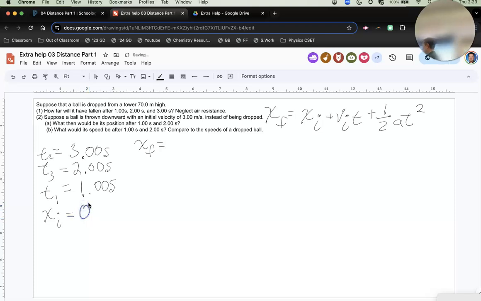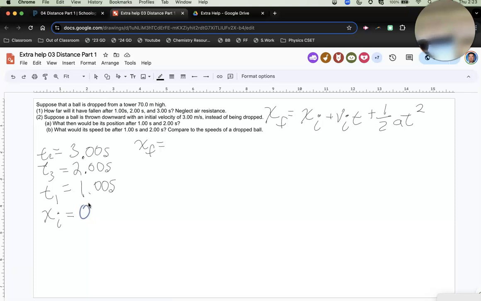So far, almost every xi that we've done in this class has been 0. Very nice. Okay? It's very nice. But sometimes it won't be. Okay? And we'll get to it when we get to it. For now, this wonderful number makes math so easy because anything times 0 is 0.